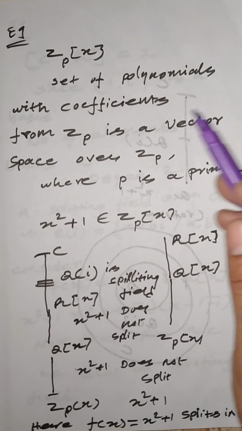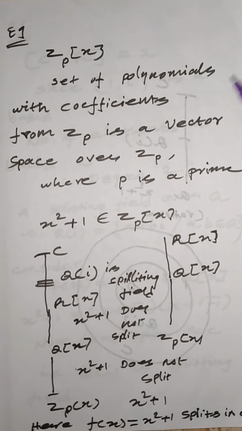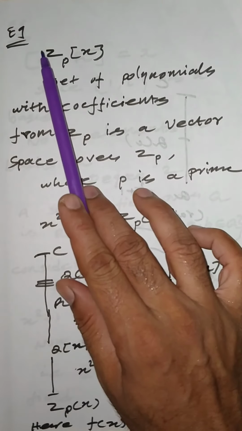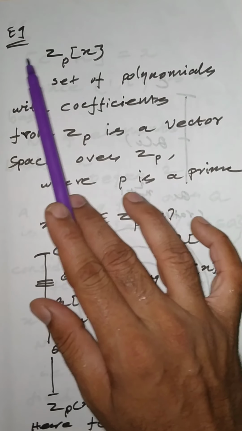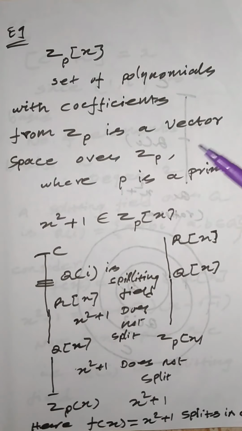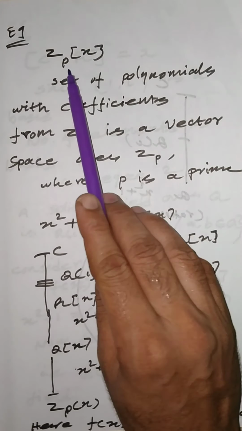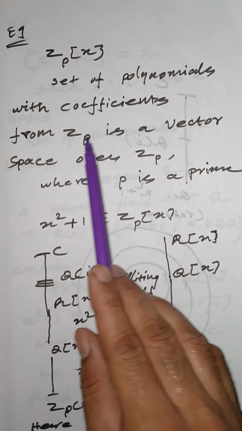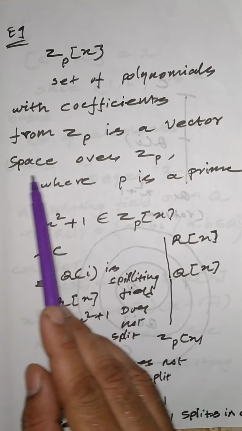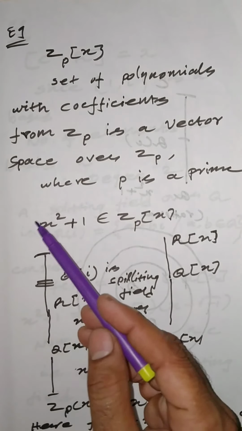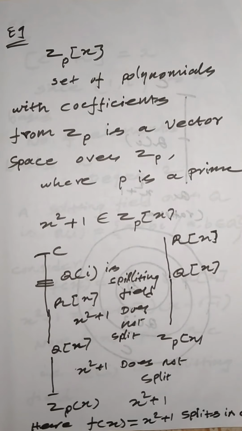For example, I take this one. The set of polynomials with coefficients in Z, where Z is the notation for integers. I take the collection of polynomials with coefficients from Zp, where p is prime. It is a vector space over Zp, where p is a prime.